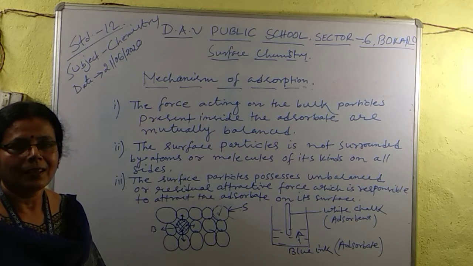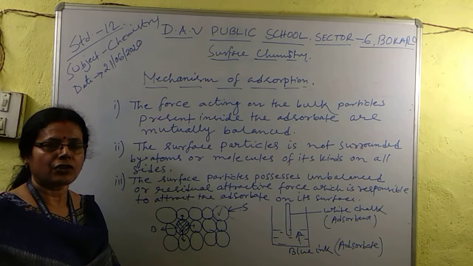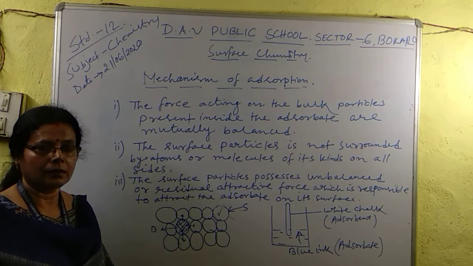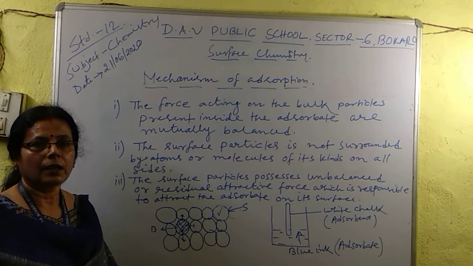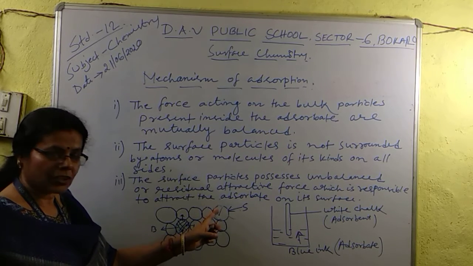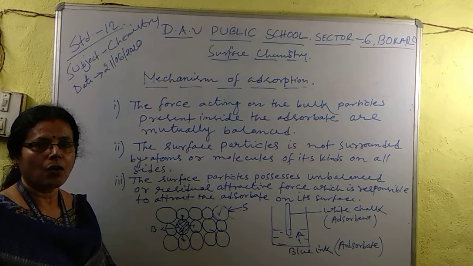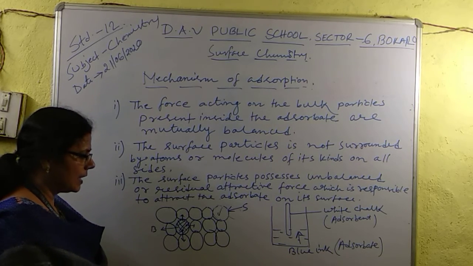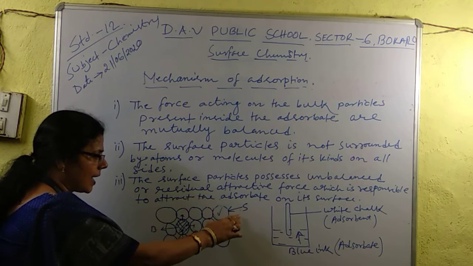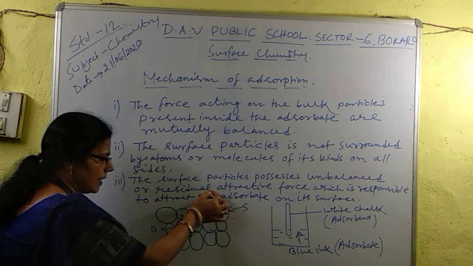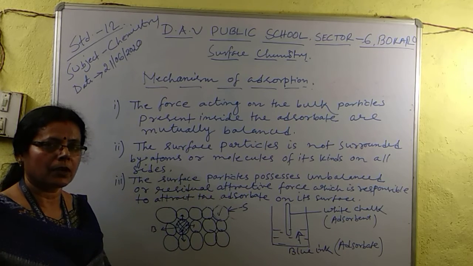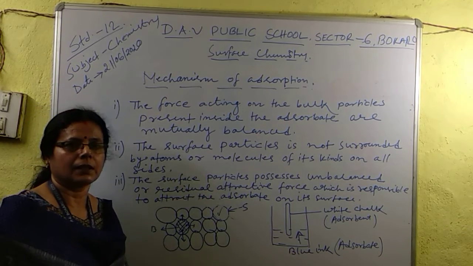The answer, students: the residual or unbalanced force on the surface particle is responsible for attracting the adsorbate on its surface, because it is not surrounded by its own kind of particles from all sides. This side no particle is present, this side no particle is present, and this unbalanced force attracts the adsorbate particles.